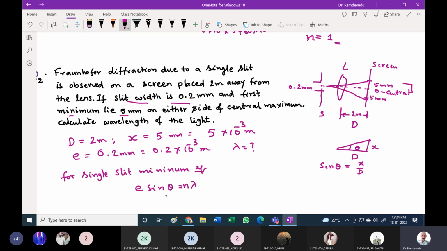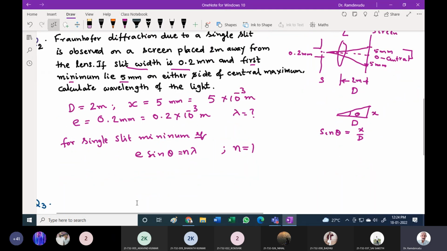For first minima, n is equal to 1. E they have given, and they're asking to find lambda.